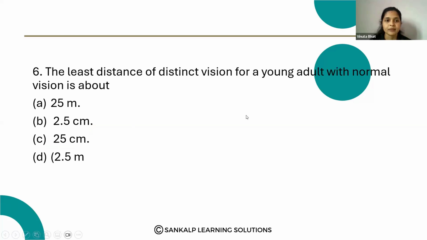Next question. The least distance of distinct vision for a young adult with normal vision is about option A, 25 meter, option B, 2.5 centimeter, option C, 25 centimeter, option D, 2.5 meter.